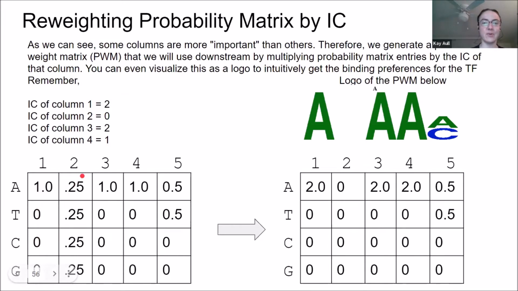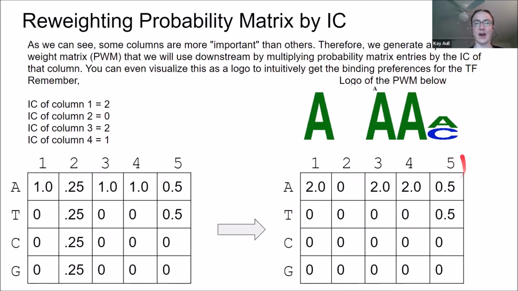And so for your first, third, and fourth columns, you have your full information content of 2 times your full probability that lives in your A position. And so these positions get the maximum score of 2. And for column 2, you have no information content, so nothing that you do here matters. Nothing that you do here will get any points.